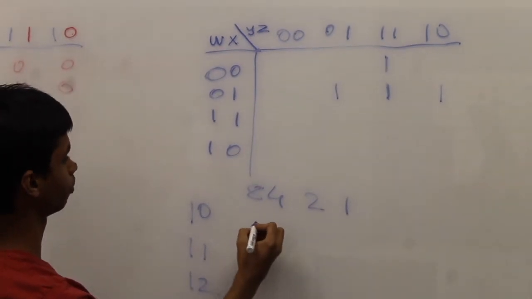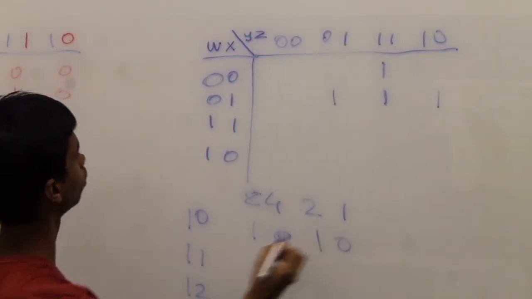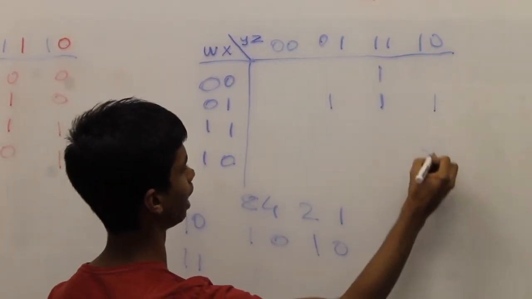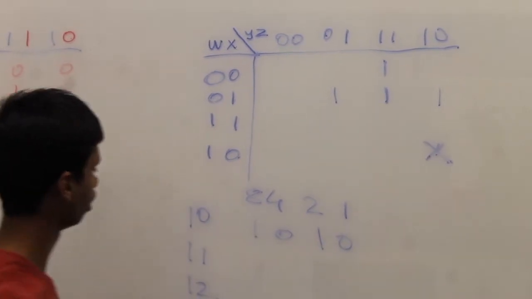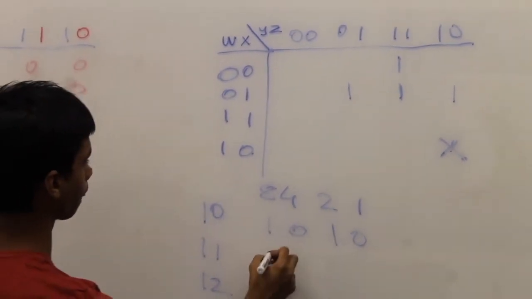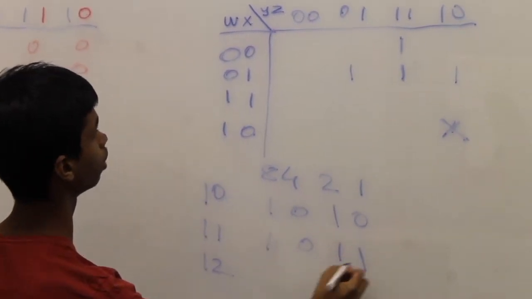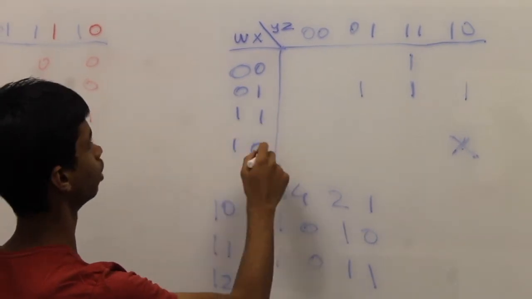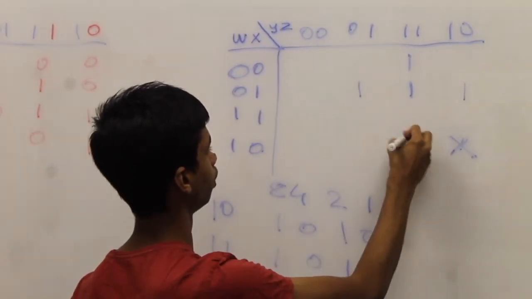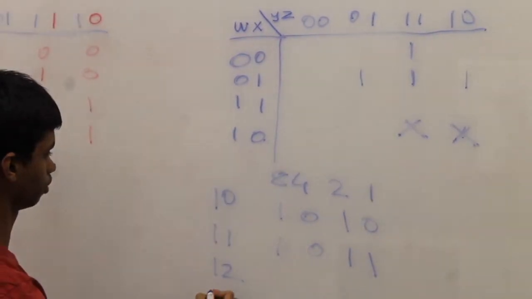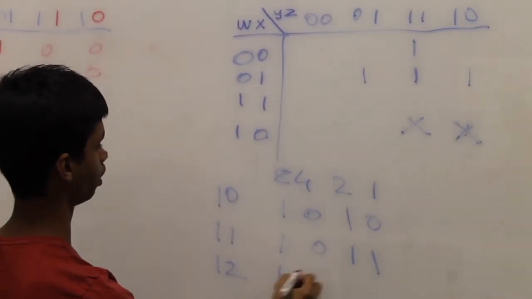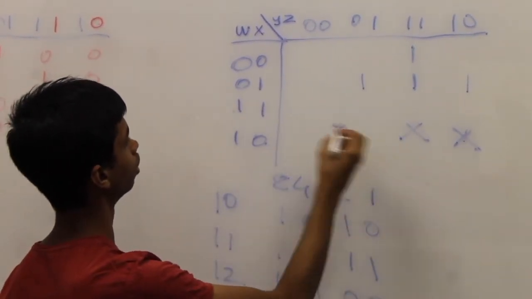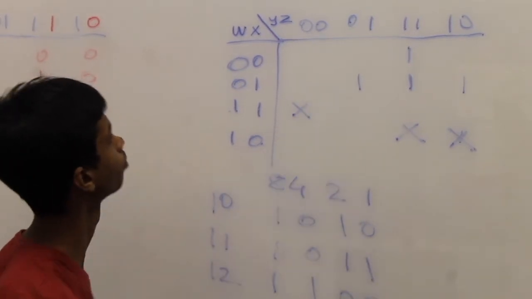So 10 will be 1, 0, 1, 0, which is here, and we'll write X. 11, which is 1, 0, 1, 1, is here, X. Now 12, which will be 1, 1, 0, 0, is here, so we'll write X here.